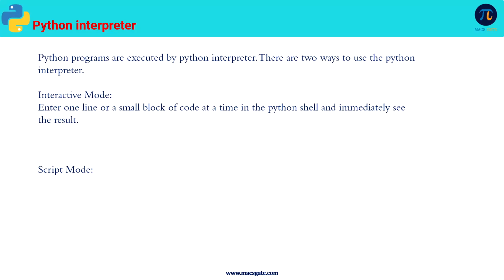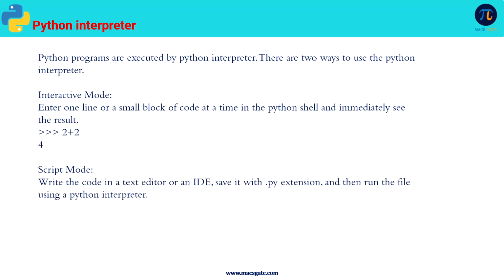For example, if you want to find the sum of two numbers like 2 plus 2, you can immediately see the result. Whereas in script mode, you write the code in a text editor or an IDE, save it with the proper extension like .py, and then run the file using the Python interpreter.